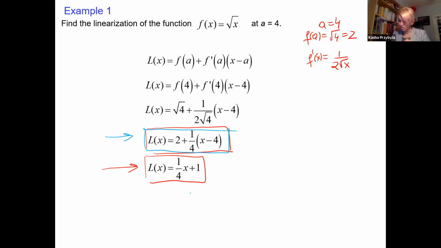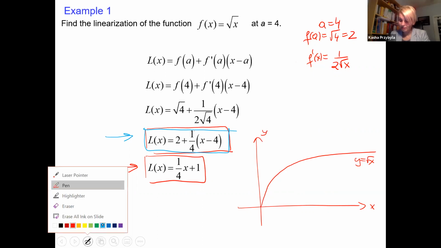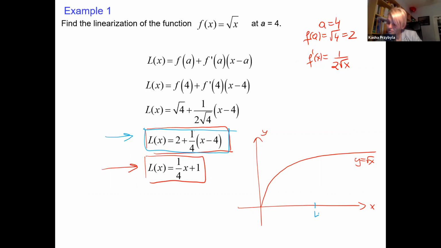I thought that I had the graph, but I don't. So I can draw the square root of x, and then a tangent line at 4. And this is 1/4 x plus 1.